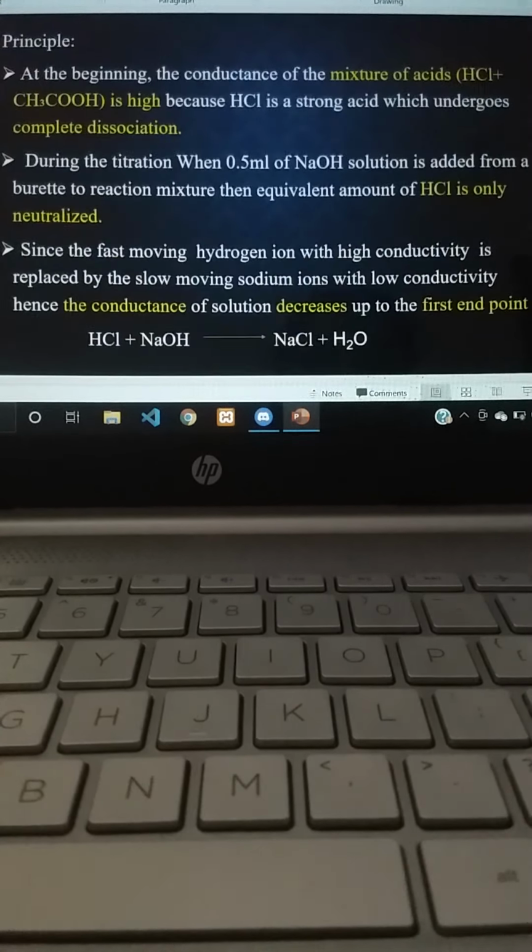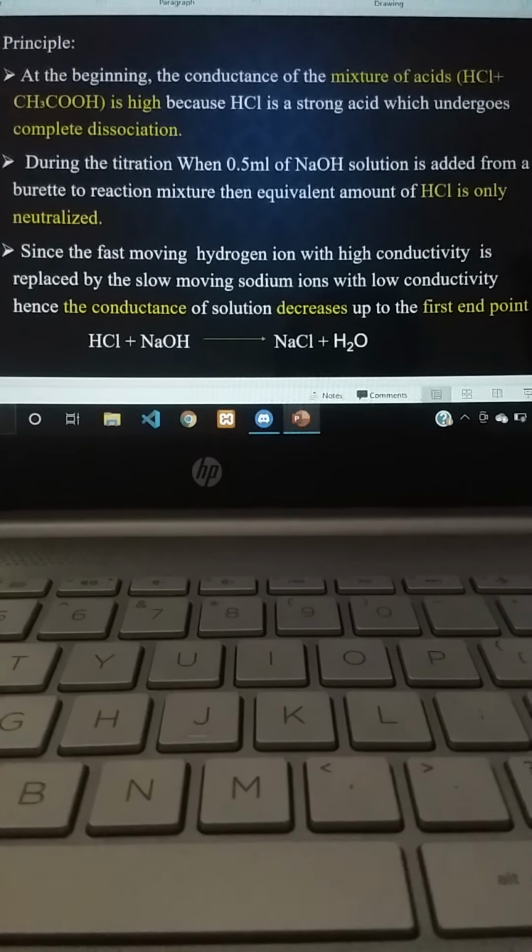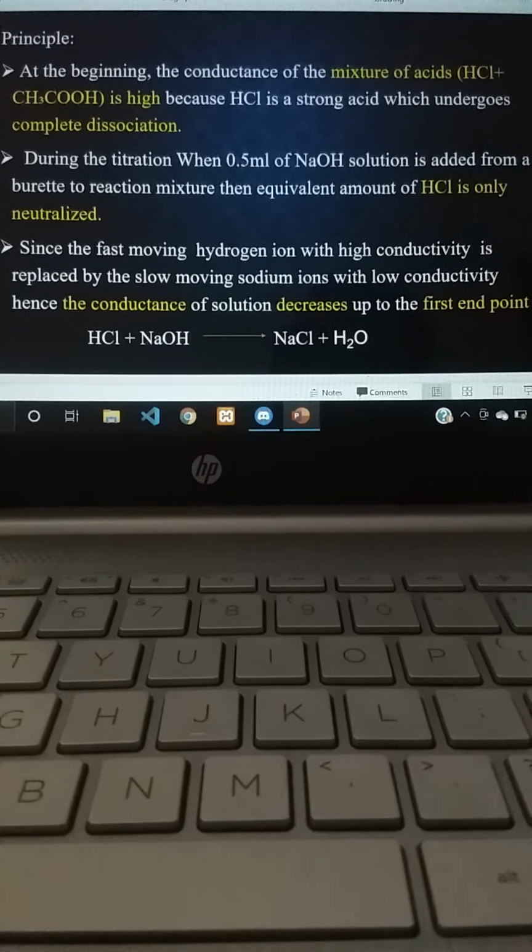The first point is, at the beginning, that means before the experiment, the conductance of the mixture of acids is high because hydrochloric acid is a strong acid which undergoes complete dissociation. The mixture contains hydrochloric acid and acetic acid.